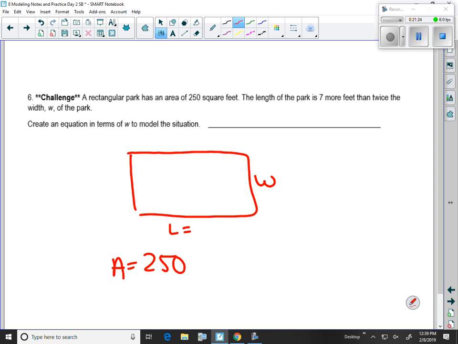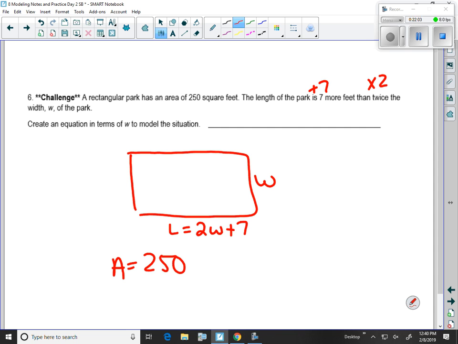So when we say 7 more, we mean plus 7. Now 7 more than twice. If I have twice as many Skittles, what would you do? Times it by 2. So we're going to say times 2. So 7 more than twice the width. Would you agree it would be 2W plus 7? Yes. 2 times the width, add 7. Now it says, write an equation in terms of W to model this situation.